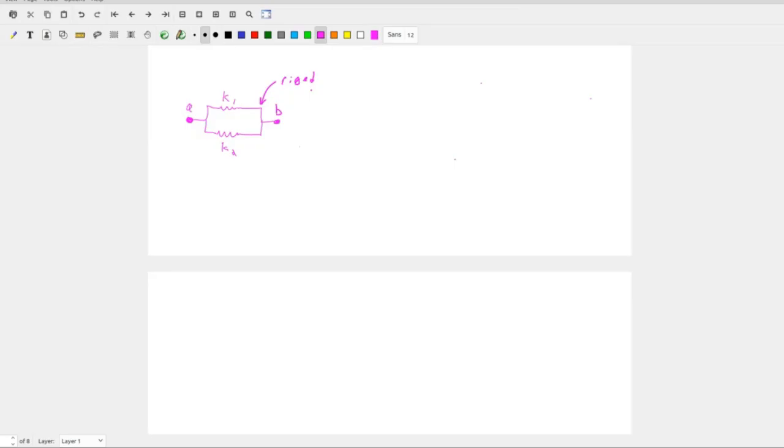So think about it, if I stretch this, I have a spring which is stretched, and this point here is rigid. Doesn't it kind of have to be the same length? Yeah, it does. So let's say the displacements are the same.